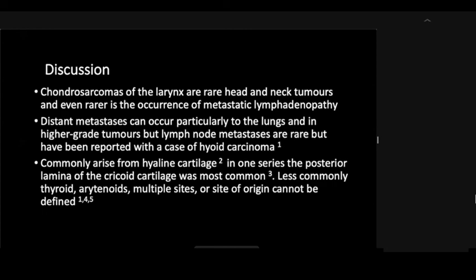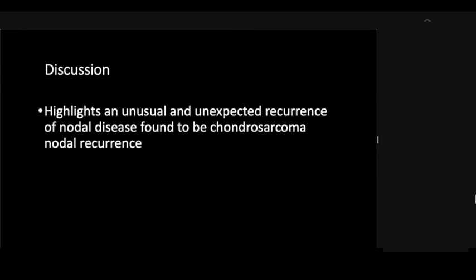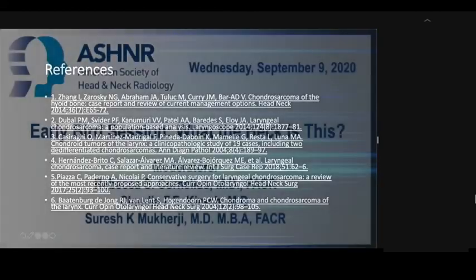Less commonly involved are the thyroid cartilage and even less so the arytenoids. Chondrosarcomas can occur from multiple sites in the head and neck, or the site of origin cannot be defined in some cases. This case highlights an unusual and unexpected recurrence of nodal disease, which was found to be chondrosarcoma recurrence. Thank you for your attention, and thank you for listening today.